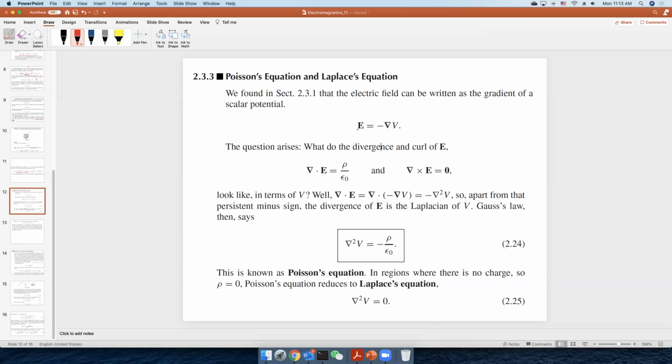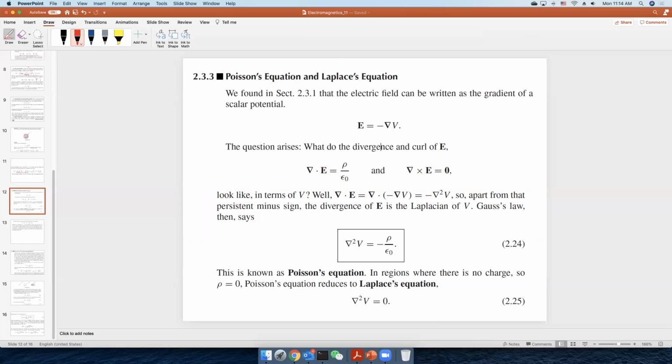This is E equals negative the gradient of V. So the question arises, what are the divergence and the curl of E? We have demonstrated before that the divergence of E equals rho over epsilon 0, where rho is the charge density, and the curl of E is 0.